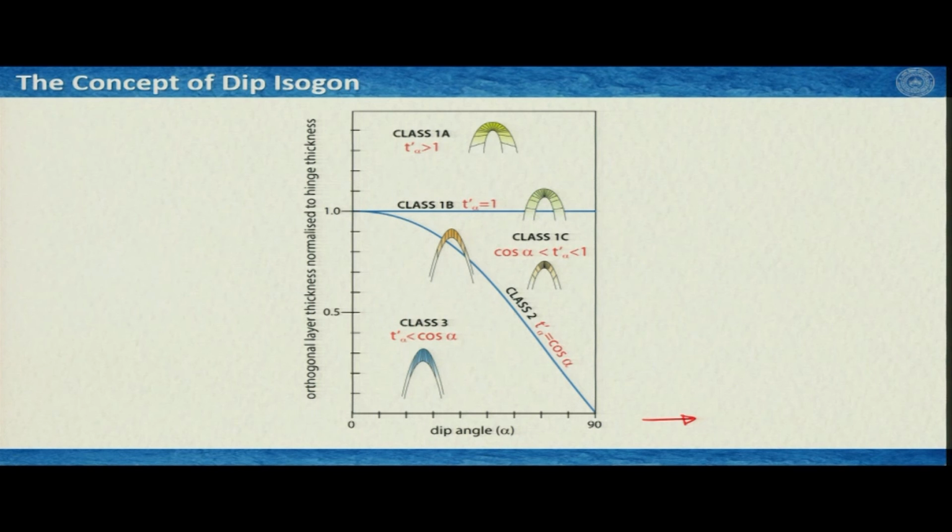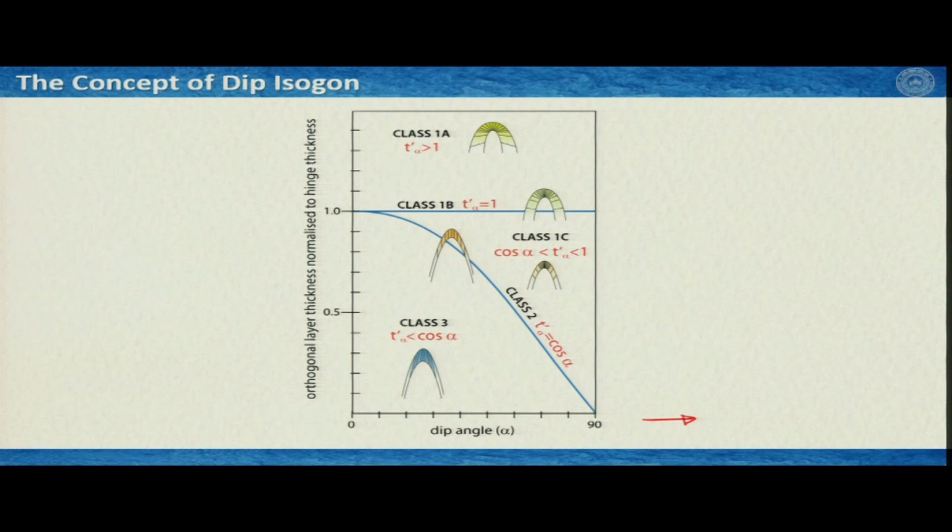So, the first class, which is above the normalized value 1, we call it class 1A, where t prime alpha, or small t prime alpha, is greater than 1, and the fold geometry would look like this. Now, along the normalized value 1, we call it class 1B, where t prime alpha is equal to 1 and the fold would look like this.